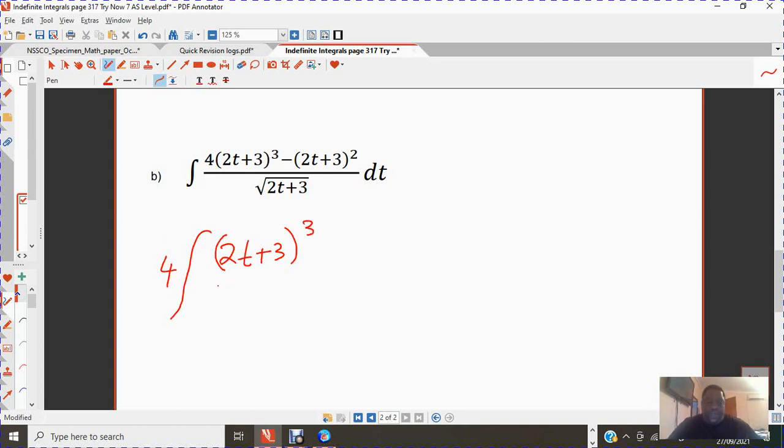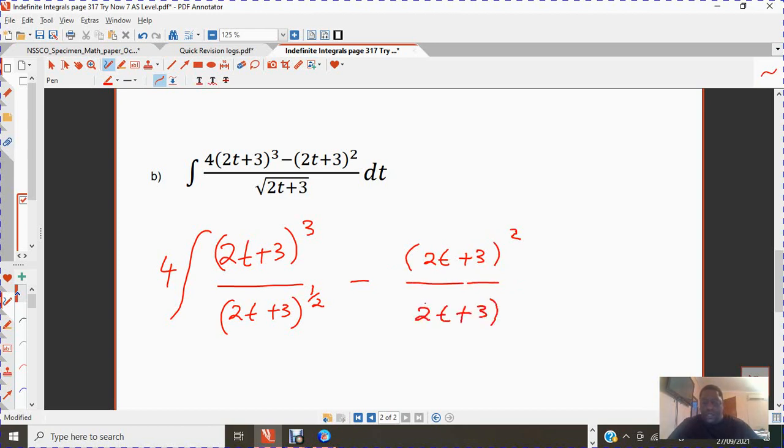Well, let me just go ahead and put this over its own denominator of 2t plus 3, which should now be raised to a power of a half, because that's the same as square root, minus 2t plus 3 squared all over 2t plus 3 raised to the power of a half dt.